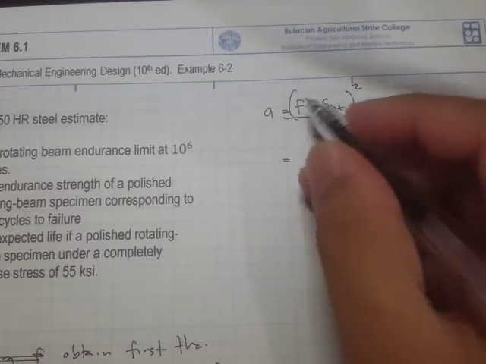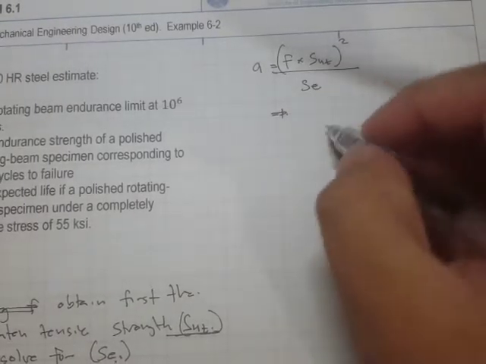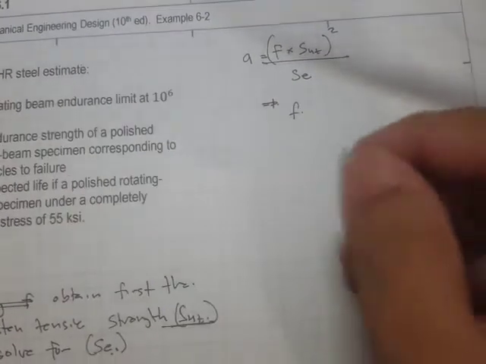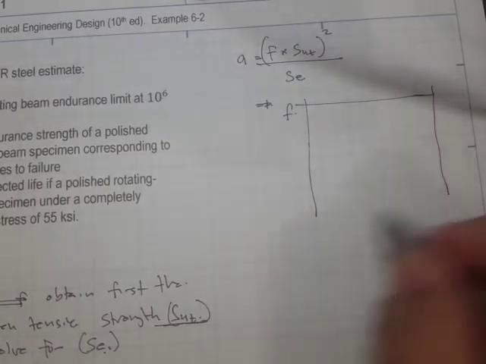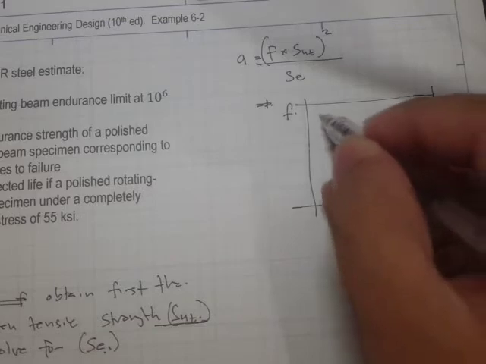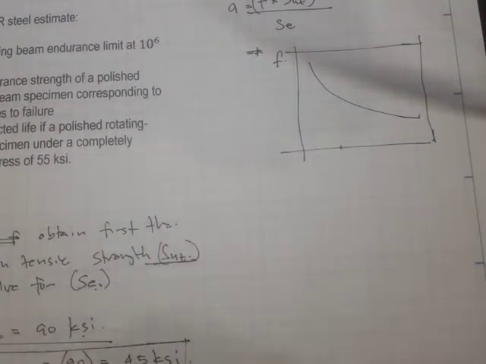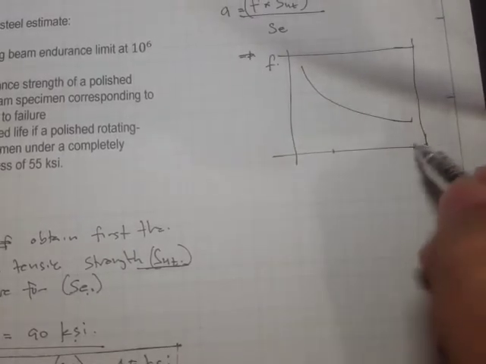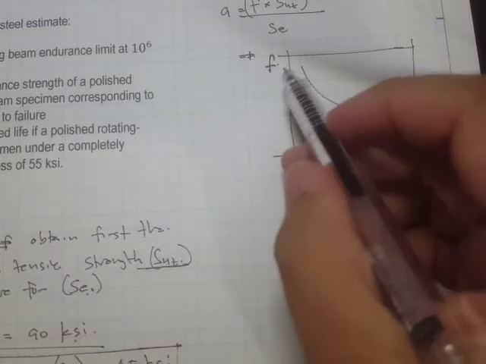So what is the value of F? If we check the graph, this is SUT, and this is the value of F, the fatigue fraction.